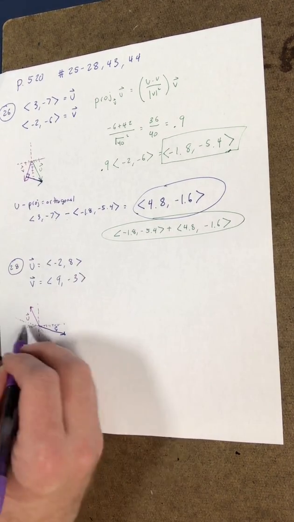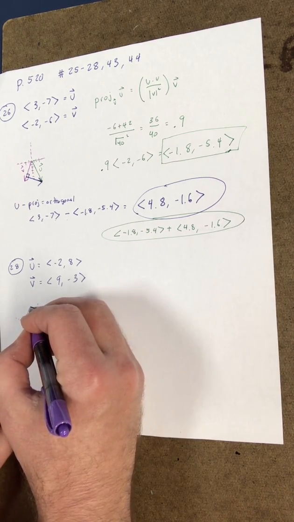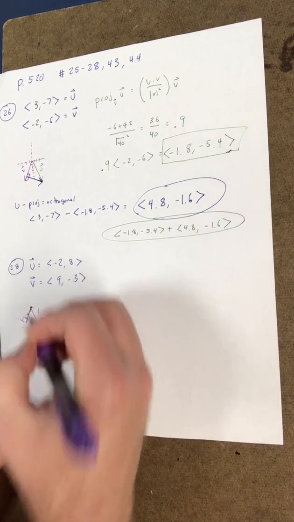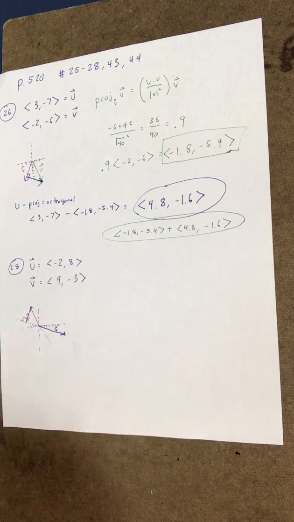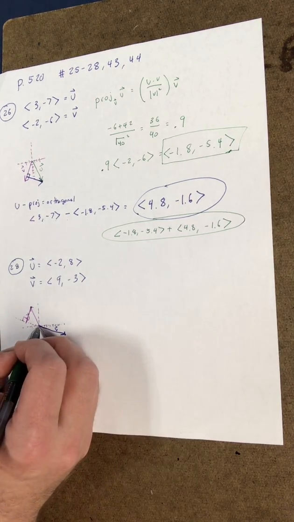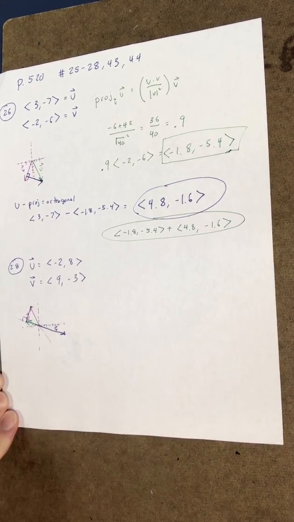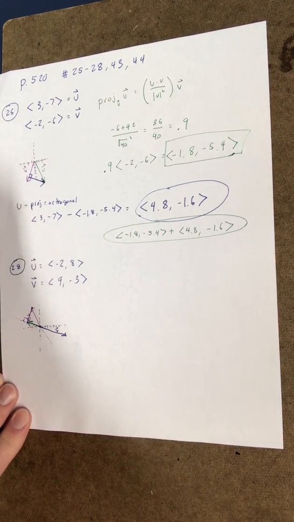So if we extend vector v here out that way, if we're going to make a right angle from here, it would actually look something like this. So the answer to this question is actually going to go in the opposite direction that v is initially headed. So it's going to be in quadrant 2 as a final answer. Let's get to the math now.